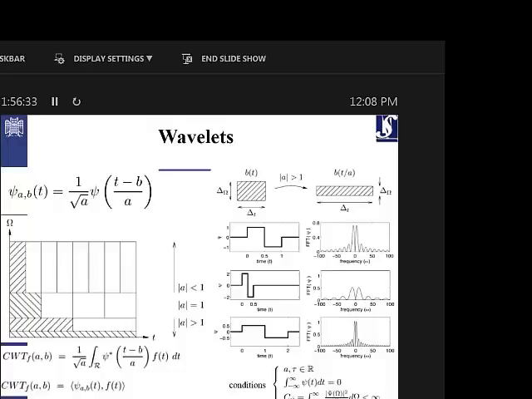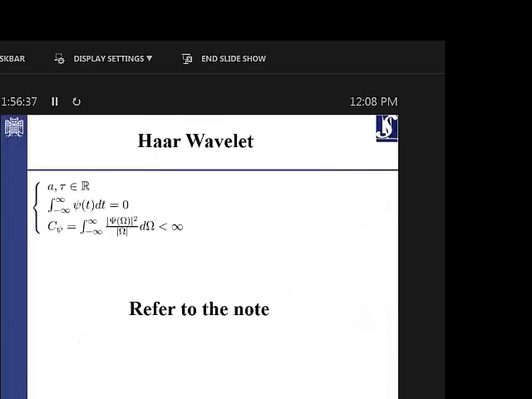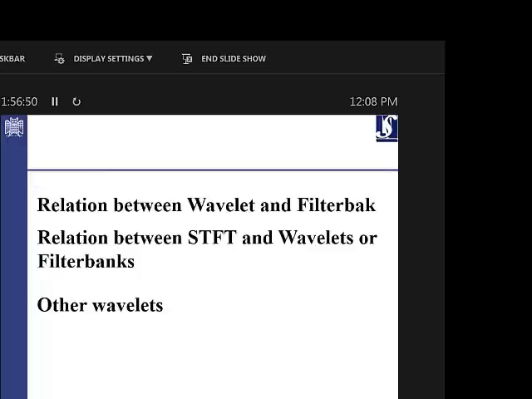And for how they design this band pass filter, you can just refer to the MATLAB code, or to one of these notes that I will mention and put on the website. You see that you can have the same structure for the filters, just the same as what we had in the filter banks, orthogonal wavelets or any other types.